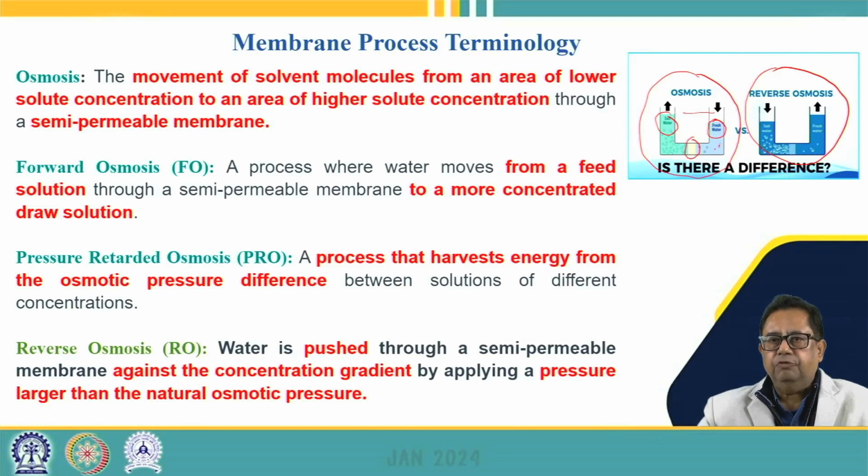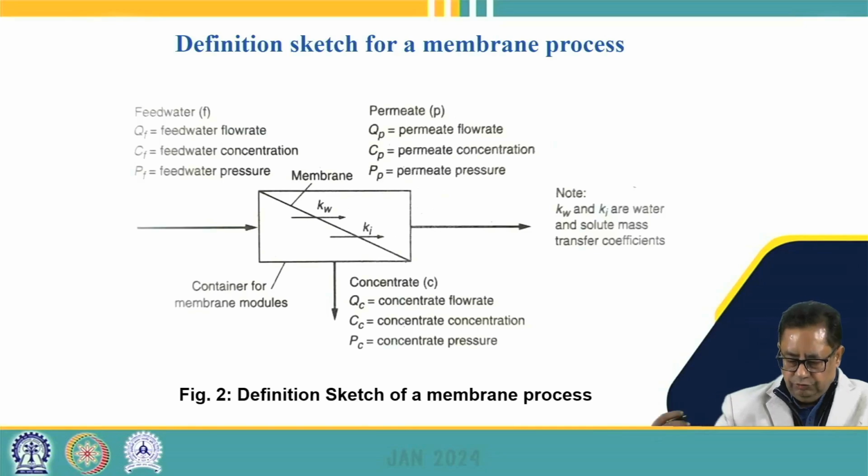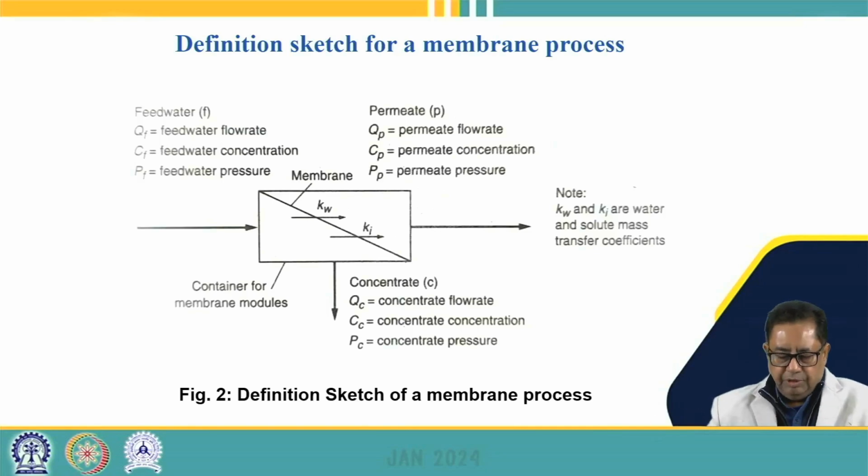This means we have to apply a certain pressure to achieve this movement, and this pressure must be greater than the osmotic pressure that exists when we are not applying any pressure. Because the water is moving in the reverse direction, this process is known as reverse osmosis.